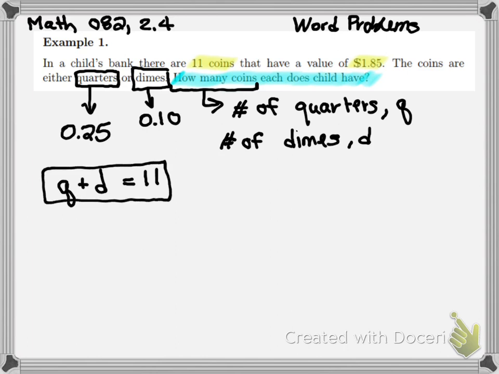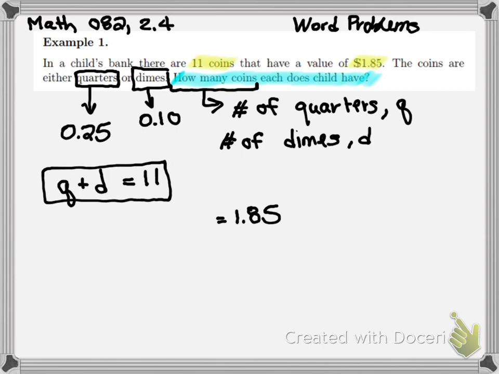That's it. Okay? Then we also know, and I'm going to start with the right side of the equation first, that the monetary value, if I counted up the money like you do, and added them all together, would give me $1.85. Okay, so how can I write that?